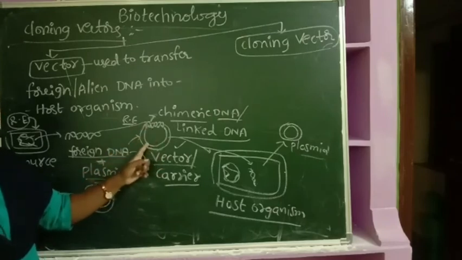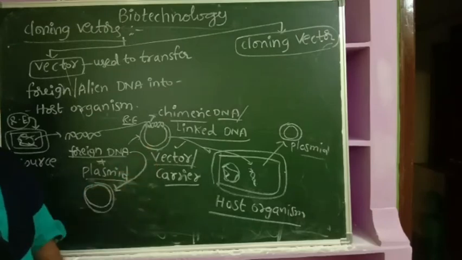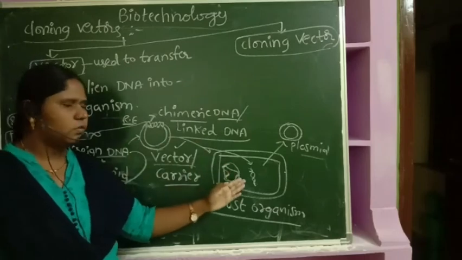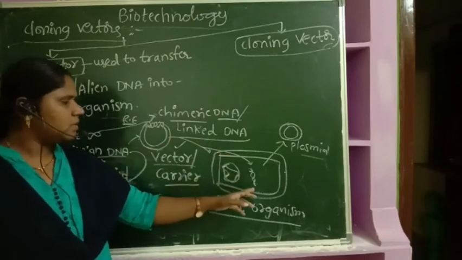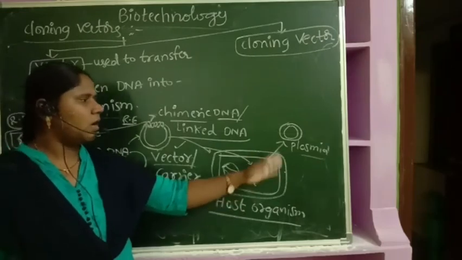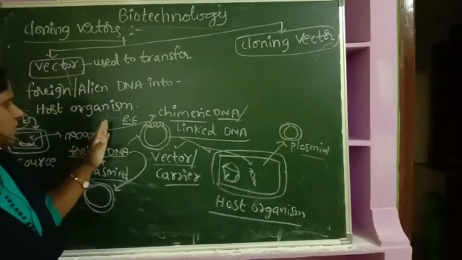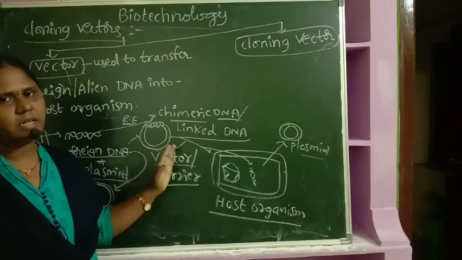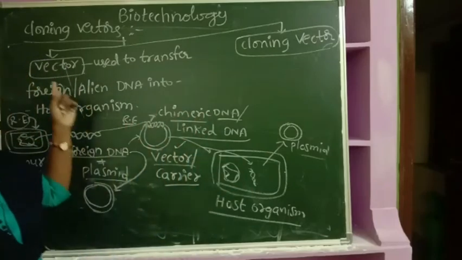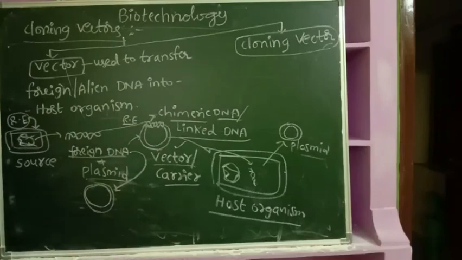Now the plasmid acts as a vector or carrier. The vector enters the host organism, drops the alien DNA or foreign DNA and goes out. That's why it is called a vector.